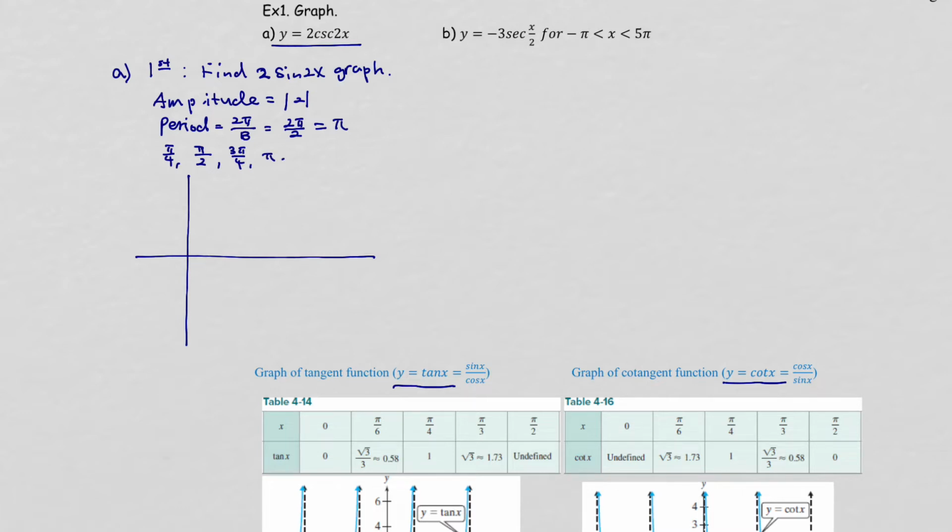Starting from 0, let's graph pi over 4, pi over 2, 3 pi over 4, and pi. Your amplitude is going to be 2. So that will be the first point, second point, 3, 4, 5. Your sine graph should look like that.